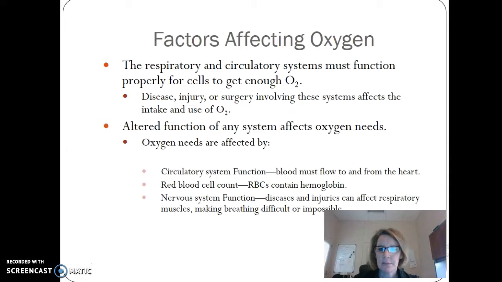The nervous system: diseases and injuries can affect respiratory muscles, making breathing more difficult or impossible. We also know that drugs and other medications can depress the respiratory system, and therefore can affect the oxygen that is getting to the brain and the brain function.